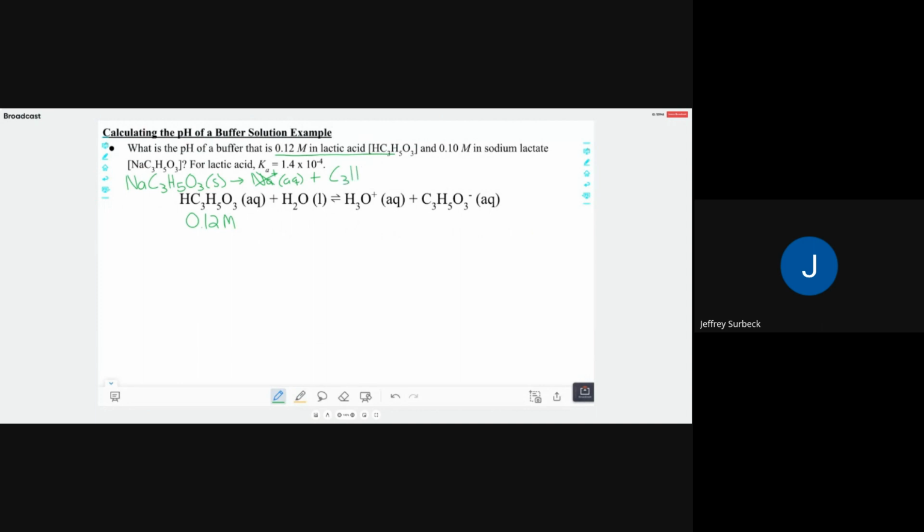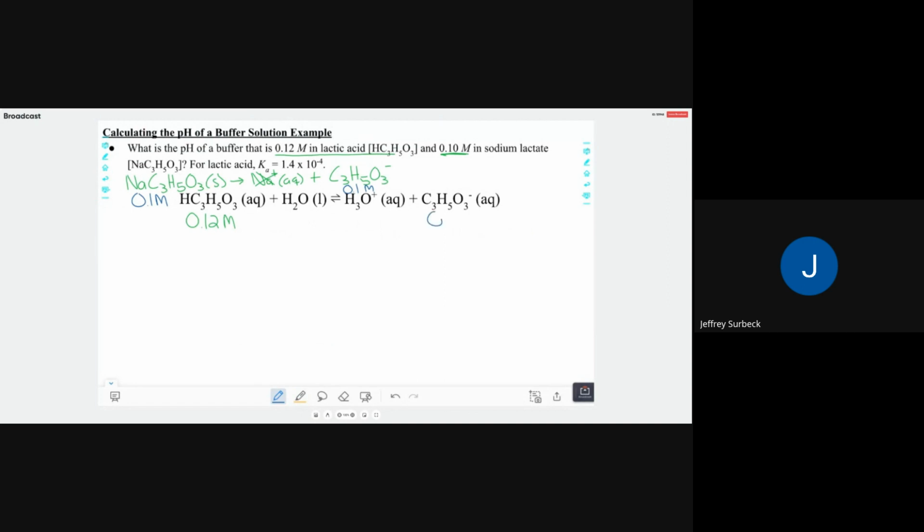Now, lactate is the conjugate base to lactic acid. Now, here's my question for you. If we have 0.1 molar sodium lactate, how much lactate ion do we have? Yep. And so if you want to think about this as such, we have 0.1 molar of this here, we would have 0.1 molar of that there.